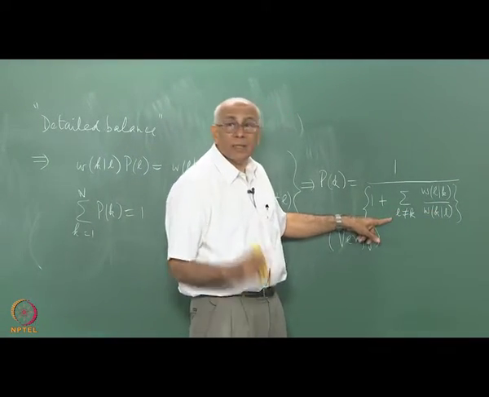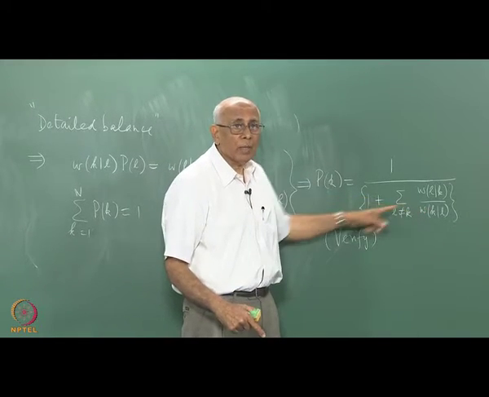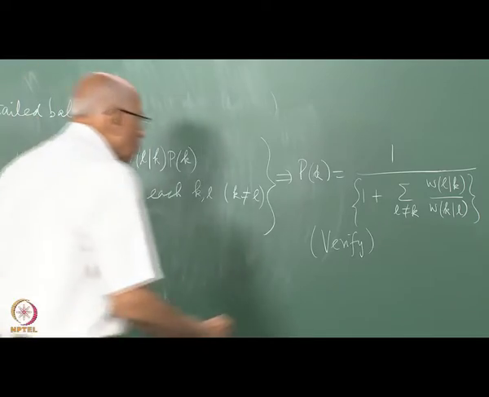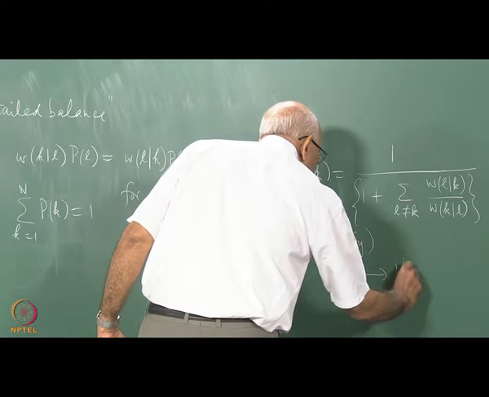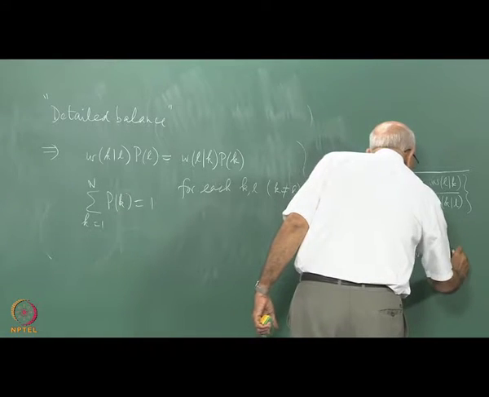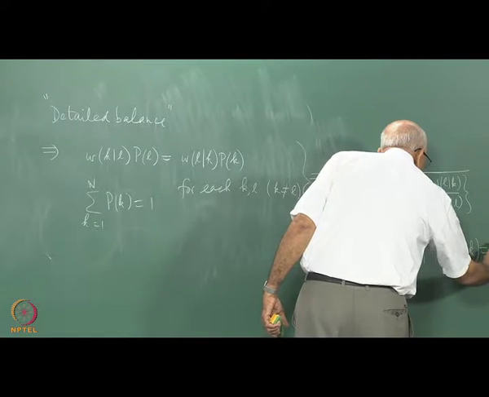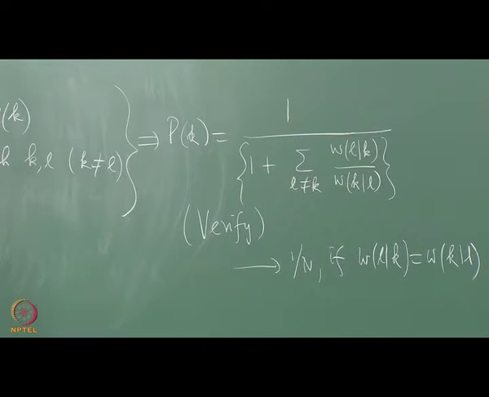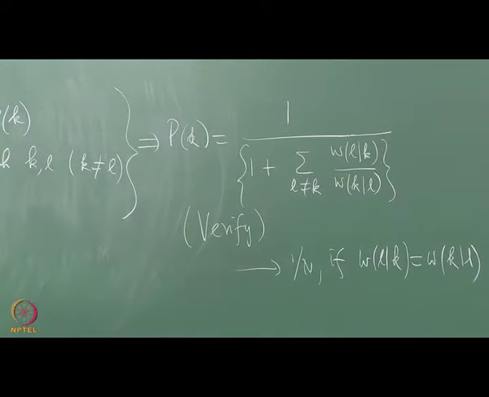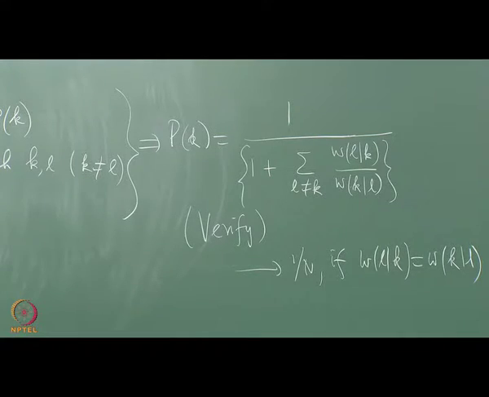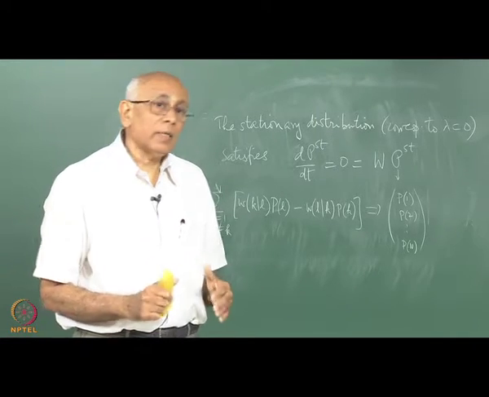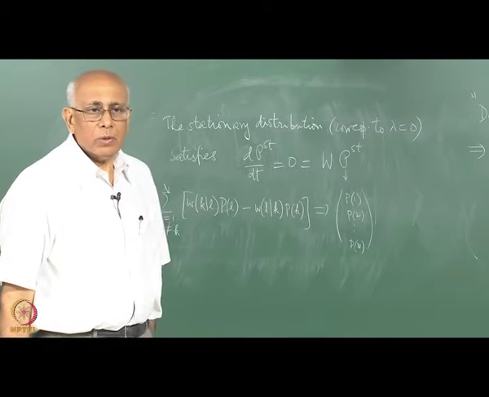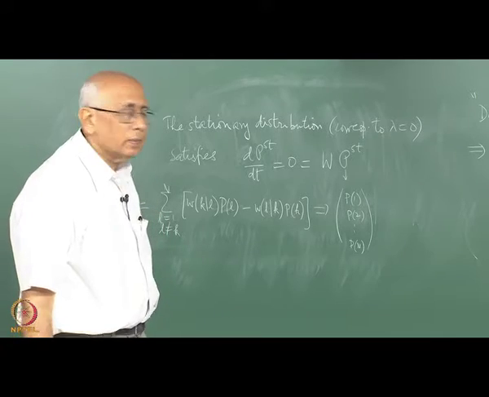There is a summation here except for one index k, so this is n minus 1, you add it to 1 and you get 1 over n, okay. But when you do not have that extra condition that the transition rates are also equal, then of course you have a non-trivial solution in terms of all the transition rates. Okay.